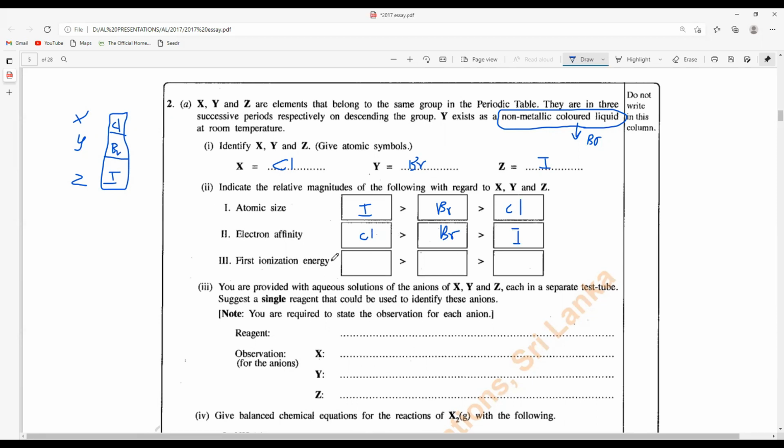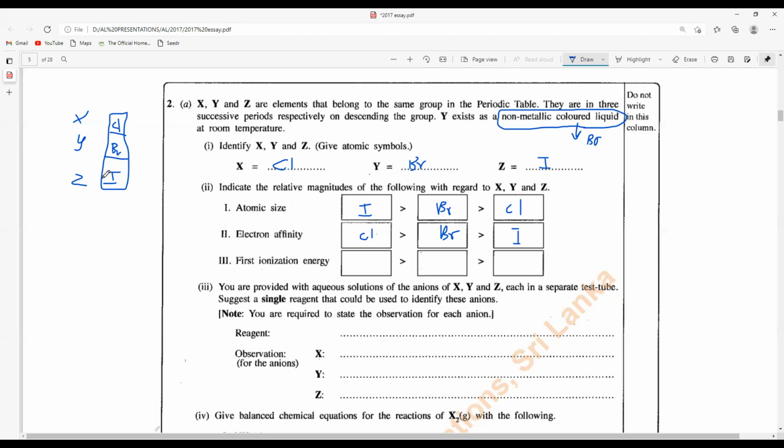Then the first ionization energy. The first ionization energy is typically based on the removal of the outermost electron, right? So what do you think about the first ionization energy as well? When you go down the group, a shell is added, so the outermost electron is far away from the nucleus.